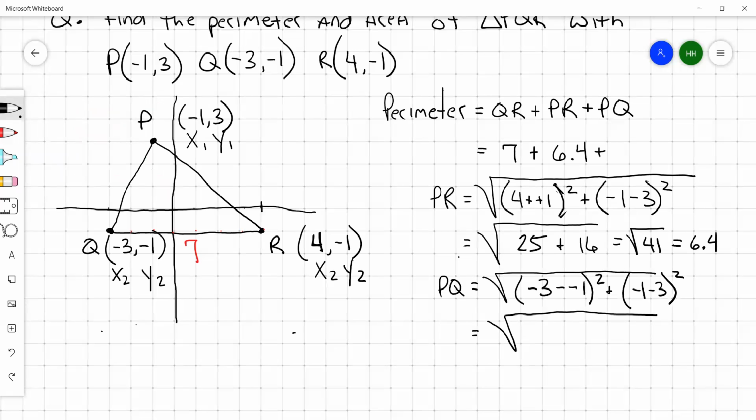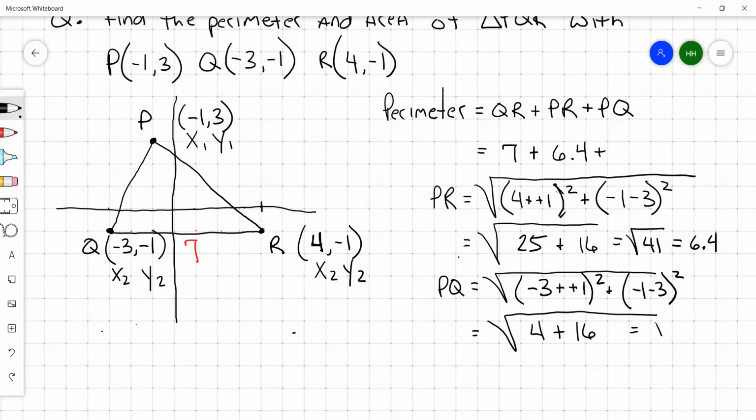On this negative 3 minus negative 1, we're going to keep change change. So negative 3 plus 1 is negative 2 squared, that's 4. Negative 1 minus 3 is negative 4, and negative 4 squared is 16.